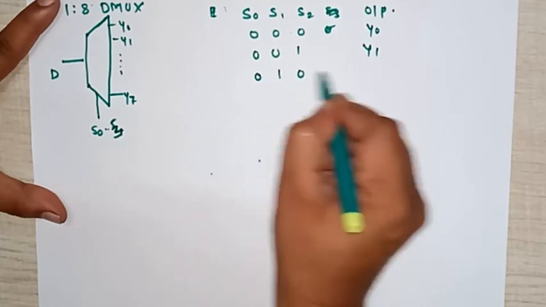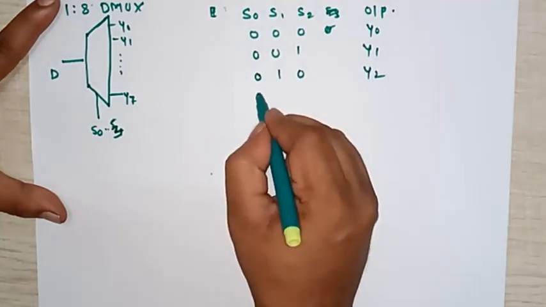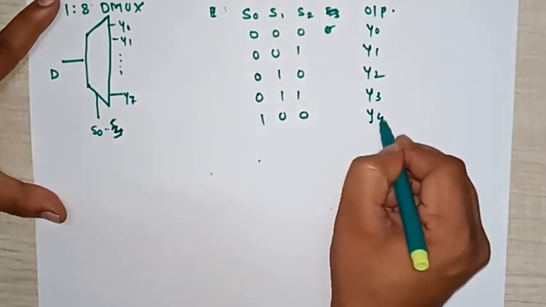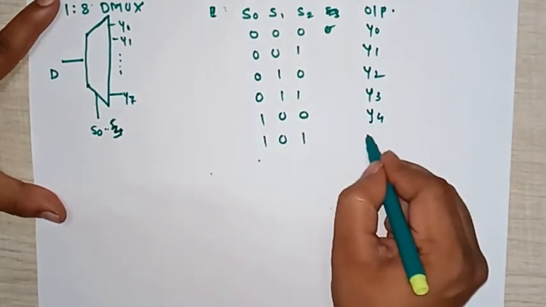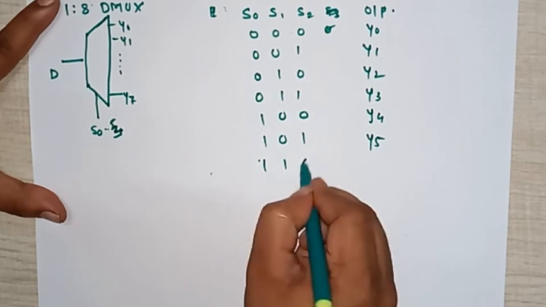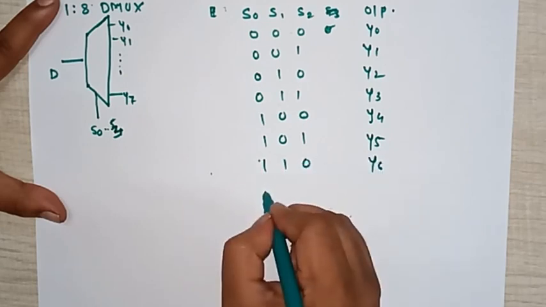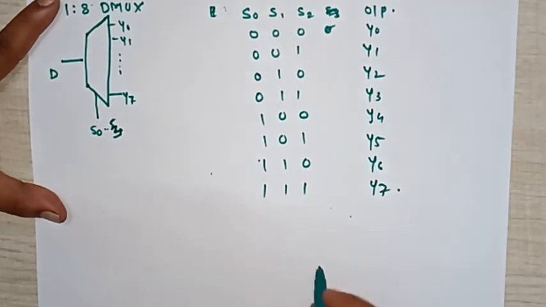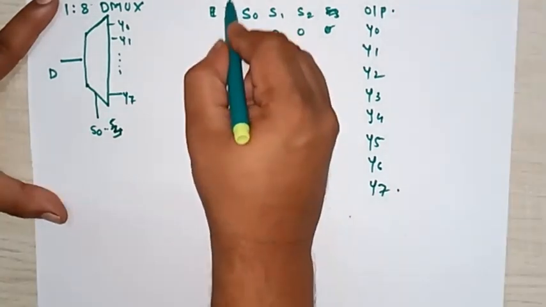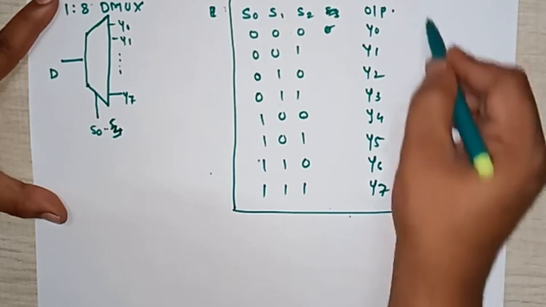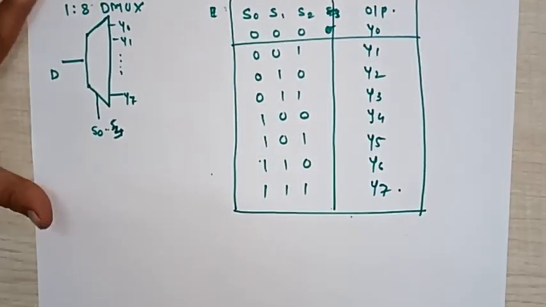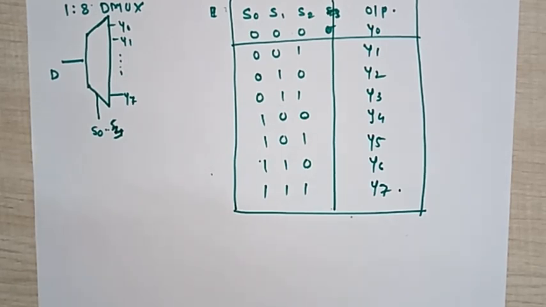For 0 1 0, we get output Y2. 0 1 1, Y3. 1 0 0, Y4. 1 0 1, Y5. 1 1 0, Y6. Then 1 1 1, Y7. So this is the simple working truth table of the 1:8 demux.